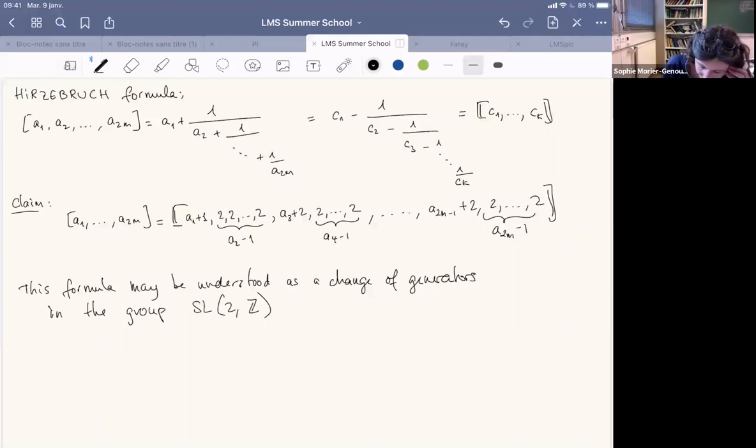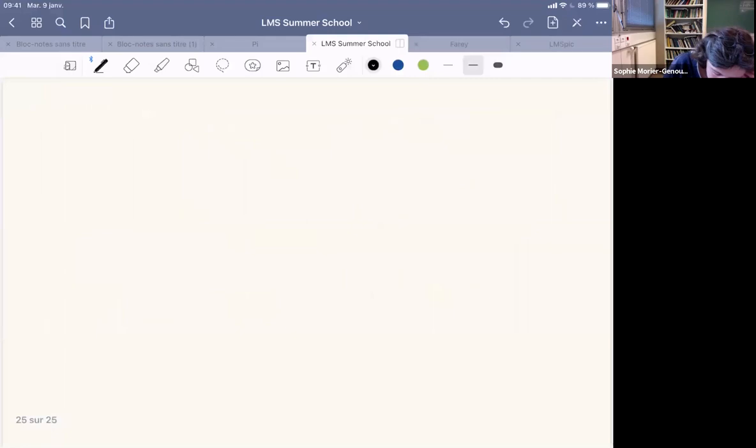So let's go to the group SL2Z. We already used matrices in SL2Z, and they are actually the same matrices that will appear. I call T this transvection matrix. I call S this matrix.